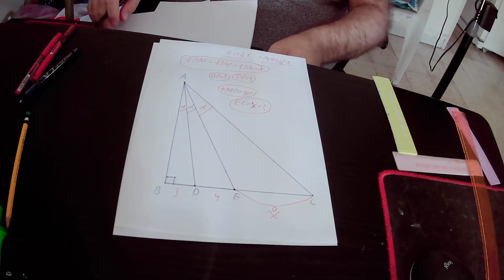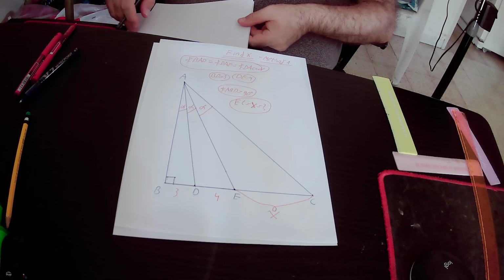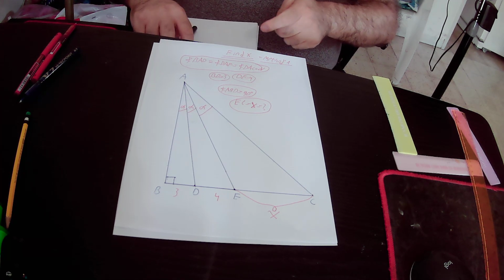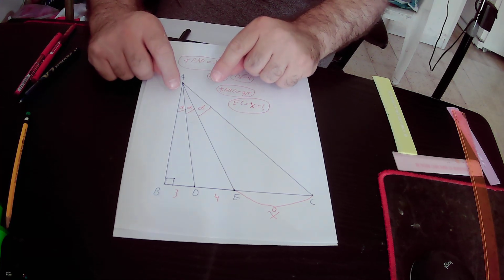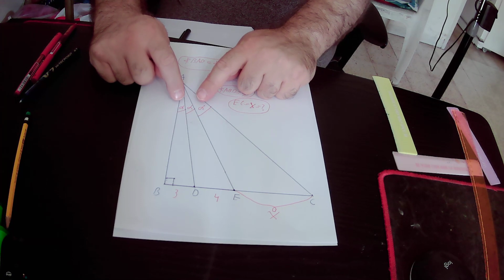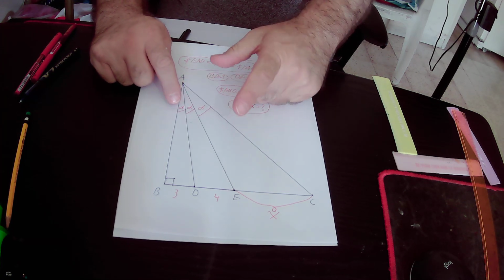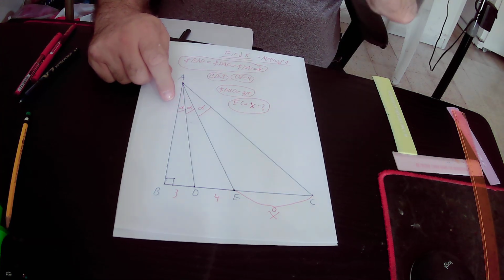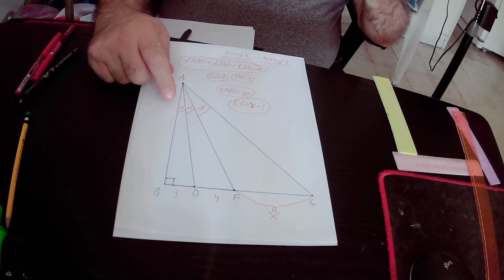Why is AD an angle bisector in the right triangle ABE? Because it divides angle ABE into two equal parts, alpha and alpha. Therefore, AD is an angle bisector in triangle ABE.